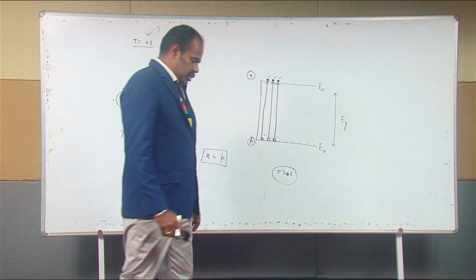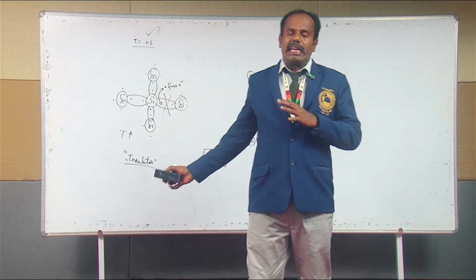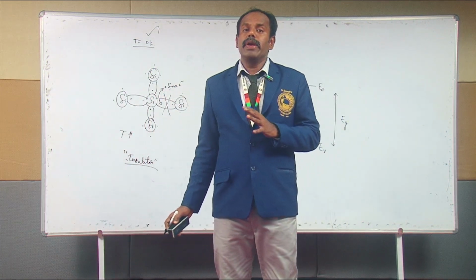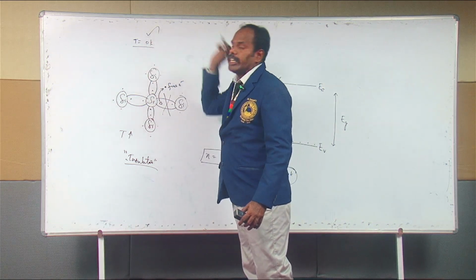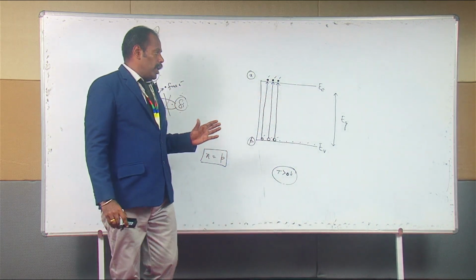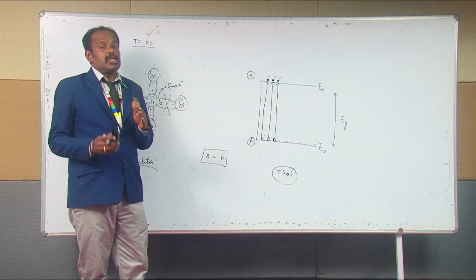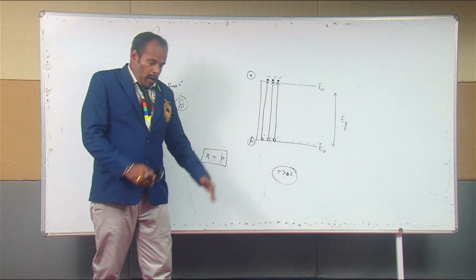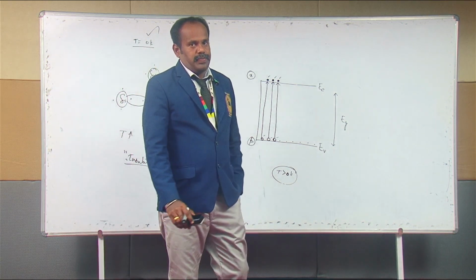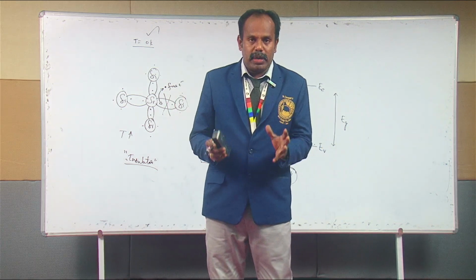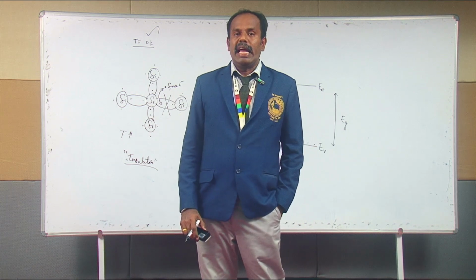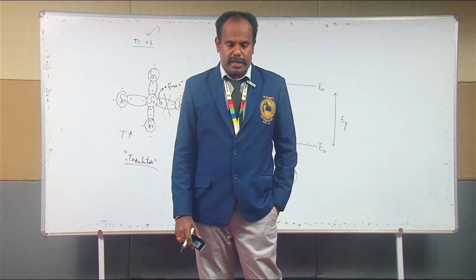This is why we claim that intrinsic semiconductors behave as insulating under the condition T equal to 0 Kelvin, whereas when you increase the temperature, it eventually turns into a conducting material. So this is the small mechanism that happens under the influence of temperature in the case of intrinsic semiconductors.